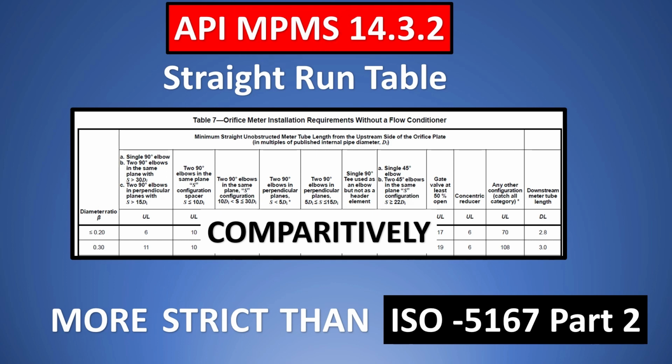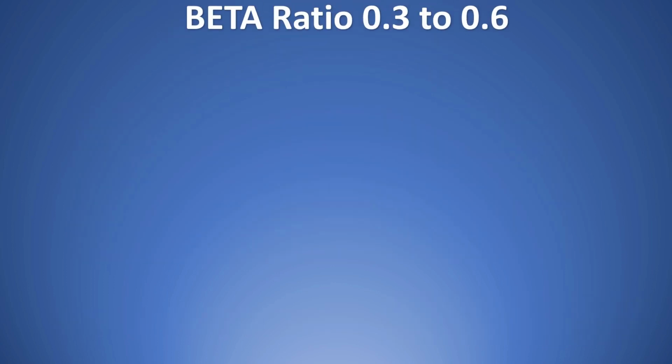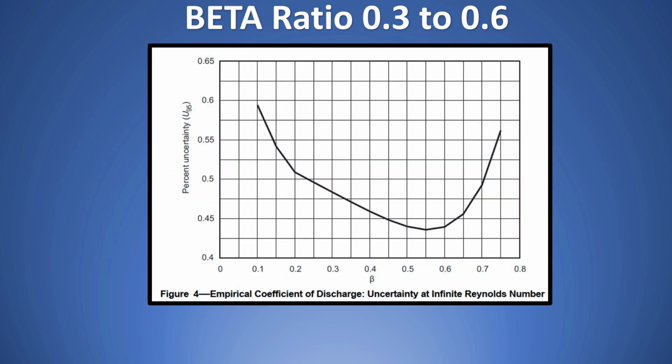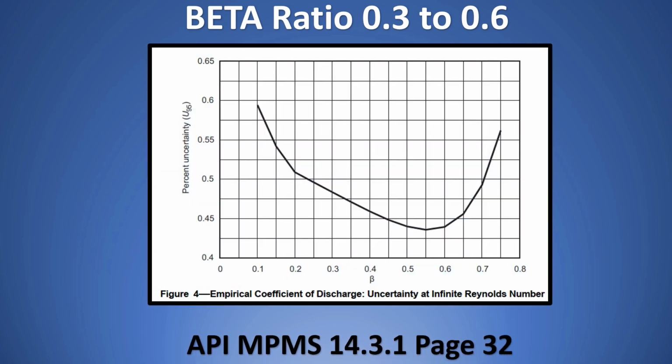Because petroleum products are more costly, hazardous, etc., stricter ways are used, so more straight run requirements are defined here. But why do I personally love this and recommend you read this standard? For example, I've made a video about when the beta ratio should be between 0.3 and 0.6, etc. This chart is basically taken from the API MPMS standard.